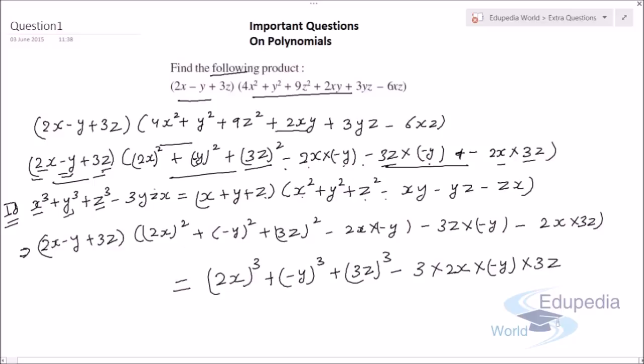Why can it be written like this? Because we can apply this complete identity to the given question.